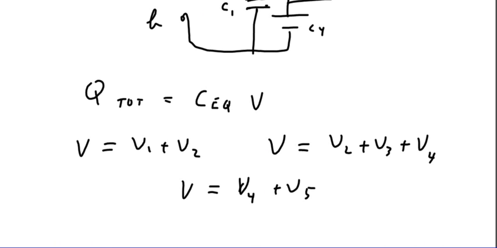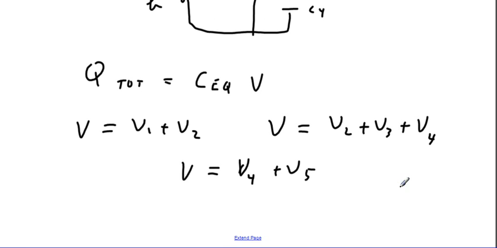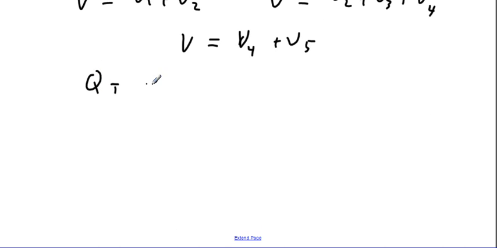So that being the case, we also know that the total charge has to equal Q, the charge across 2 plus the charge across 5.